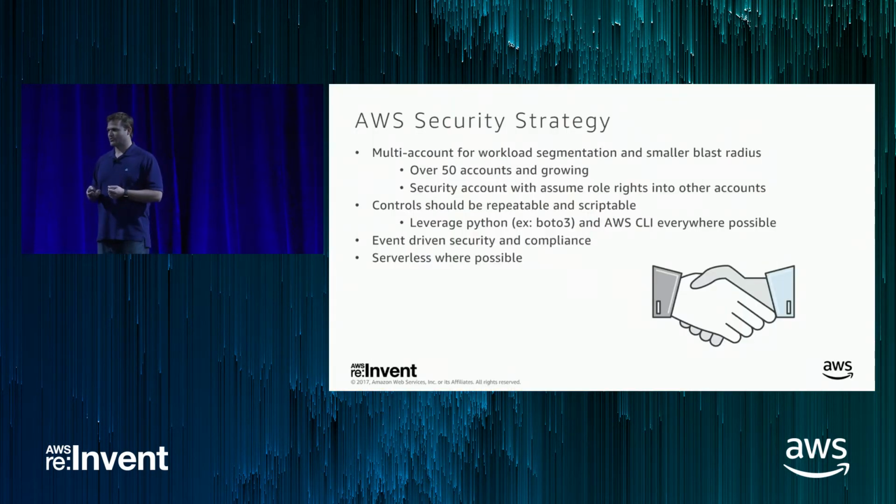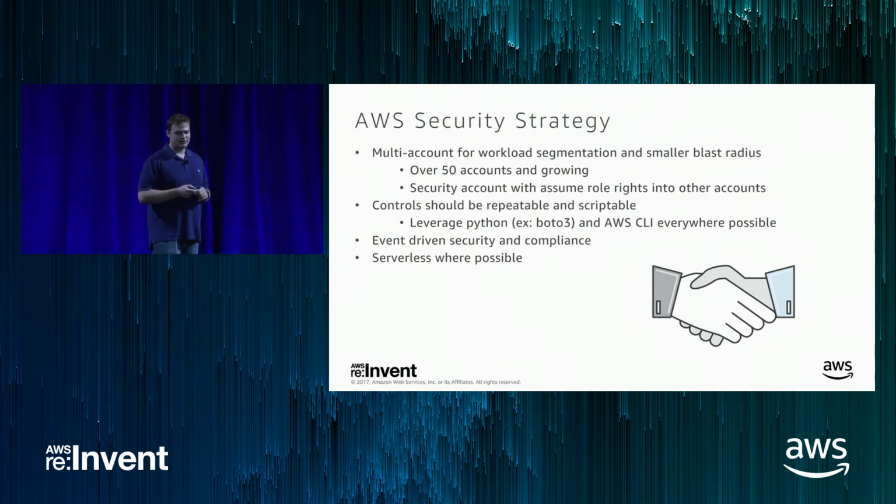So now that we've decided organizationally that we're going to move forward with a cloud first kind of mentality, AWS specifically, we needed to come up with an AWS security strategy. And with this strategy, I didn't want to repeat the old mistakes that we make in the managed data center, specifically around network segmentation. If you look at a lot of the breaches, a lot of these major breaches occur because improper network segmentation is in place.